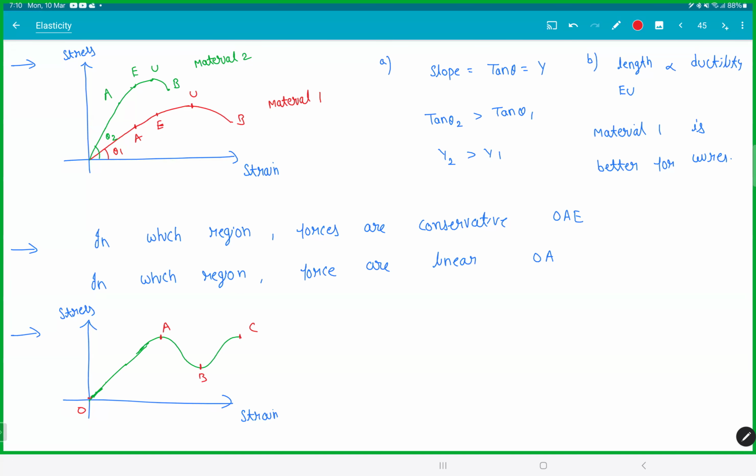Material 2 is a better spring. It has more Young's modulus, right? It can take more tension. They can ask you a question like this. In which region is plastic in nature?